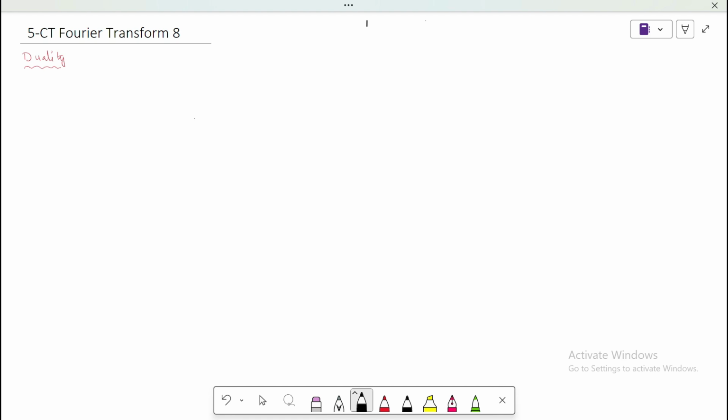That is what we should draw. x of t versus t, from minus T1 to plus T1. This is x of j omega.